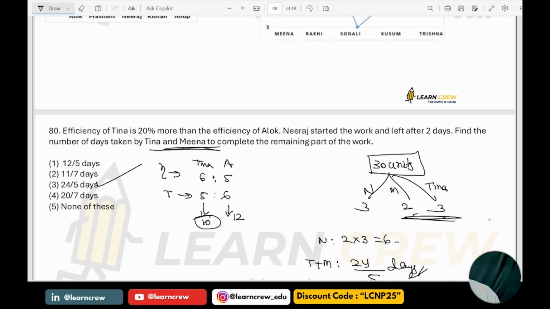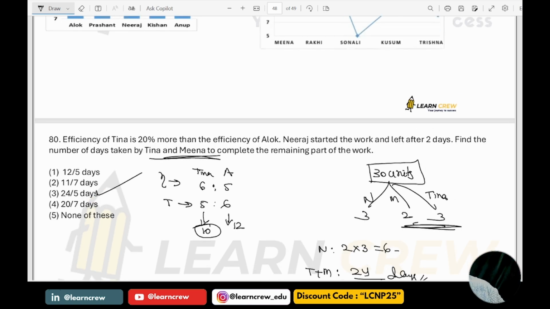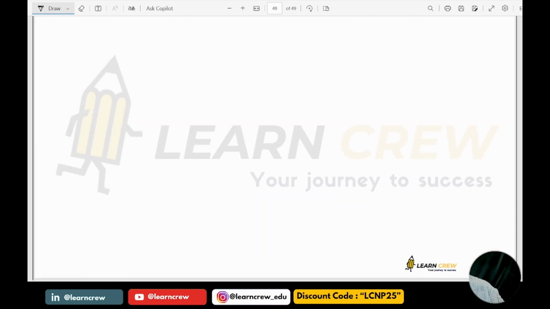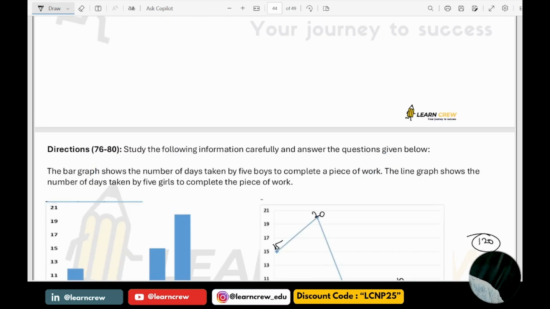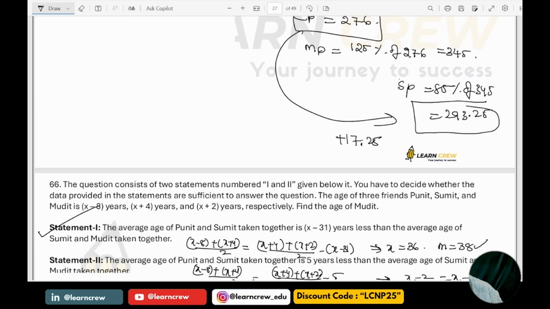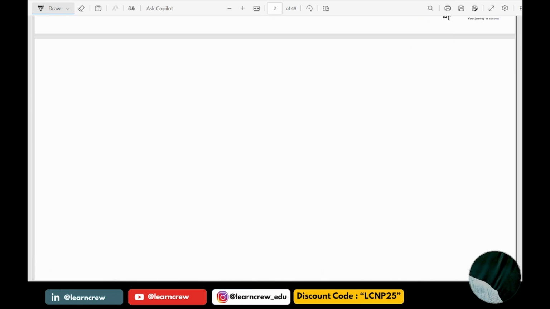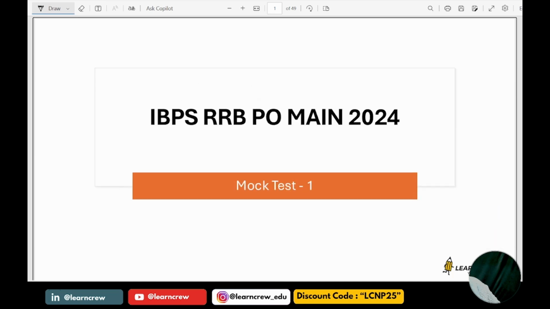So like this you have to answer all the questions, and with this today's paper analysis on quantitative aptitude is done. Once again go through all the questions in our mains mock paper 1, quantitative aptitude section.